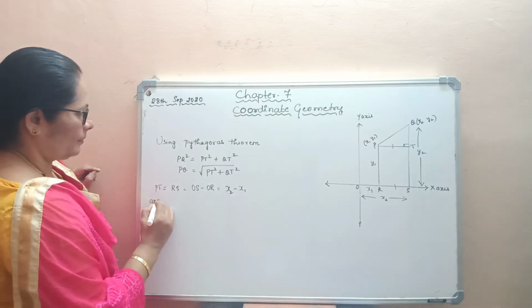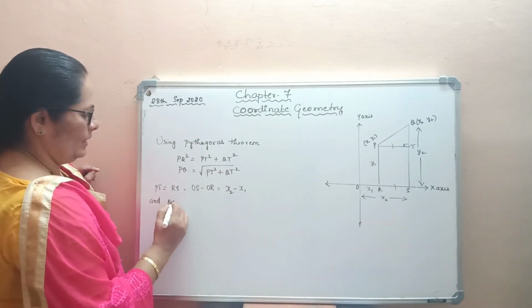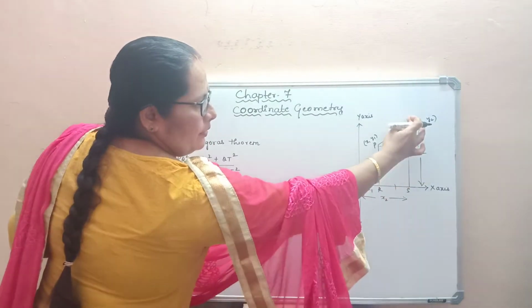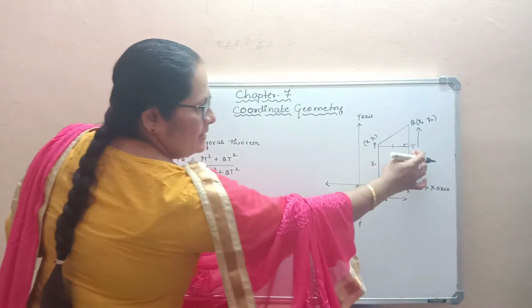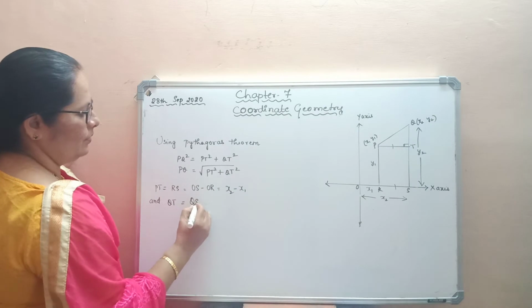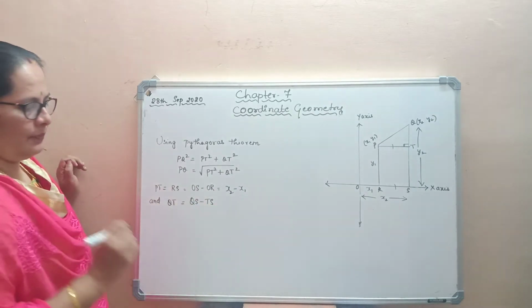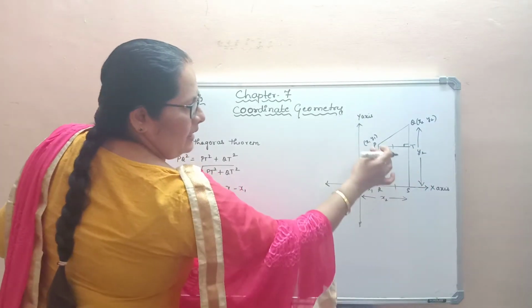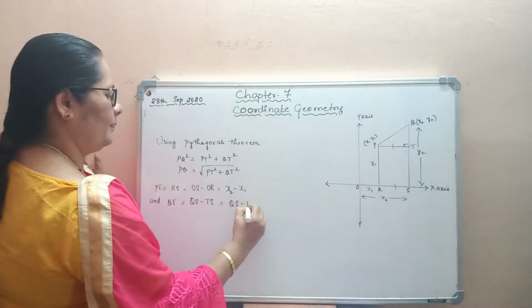And what is QT? So distance QT equals QS minus TS. Now, what is TS? TS is equal to PR.